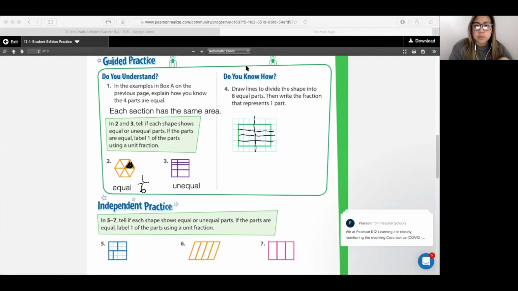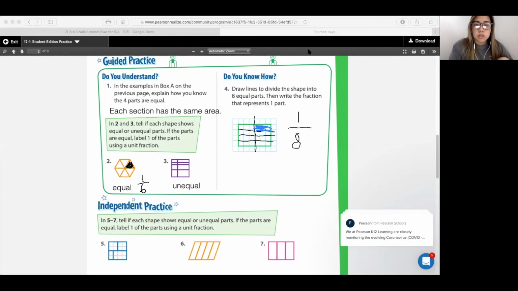Nothing's left over. And then if we were to color in one part of the shape, it would be 1 colored in one part. And then in total, we had 8 parts. So your shape is 1/8.